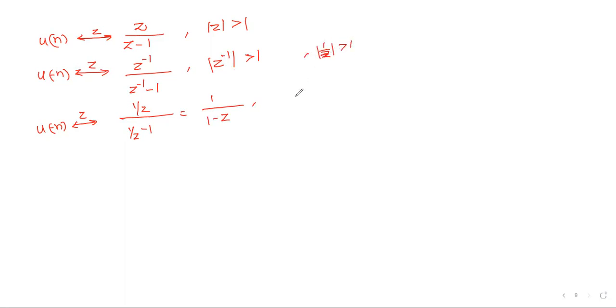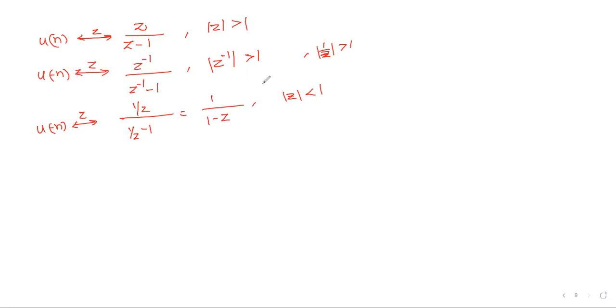That means mod z will become less than 1. Mod z is less than 1. This is one application of this property.